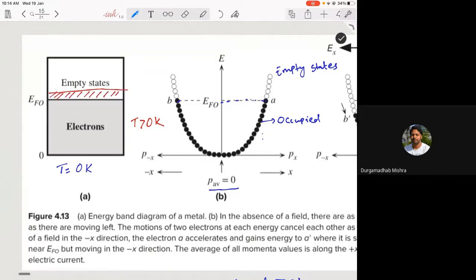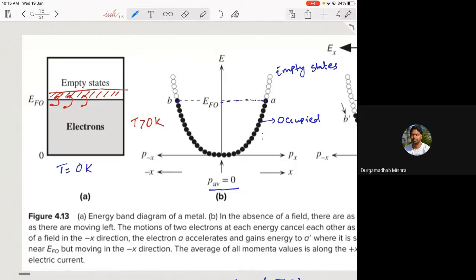That means some electrons from here can jump to unoccupied states because of the thermal energy. Electrons which are close to the Fermi level will go to the unoccupied states above the Fermi level. So this definition of the Fermi level holds only when T is equal to 0 Kelvin.